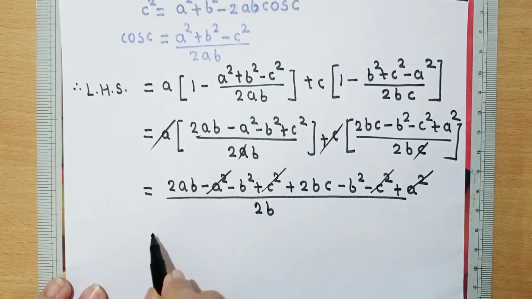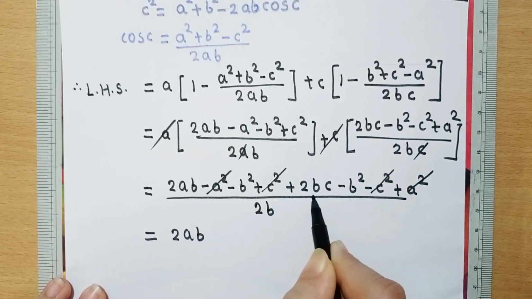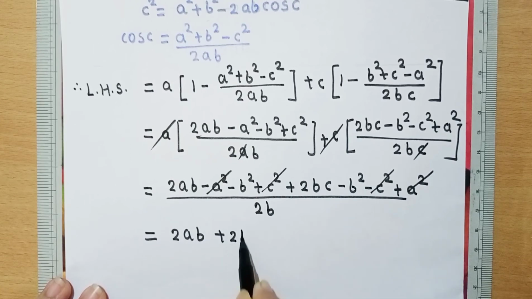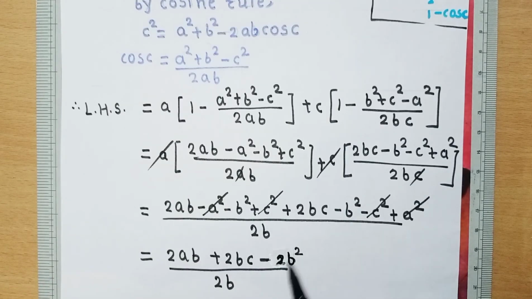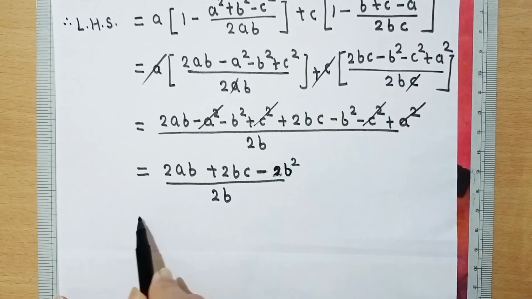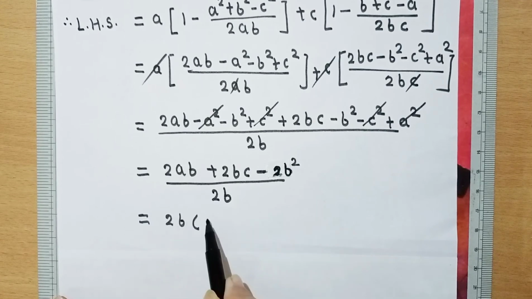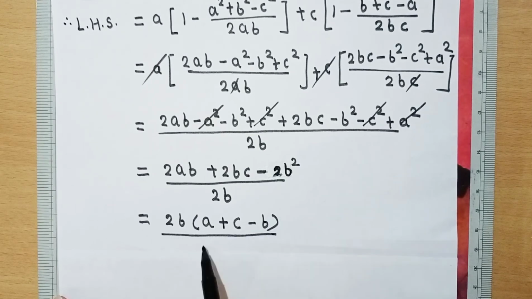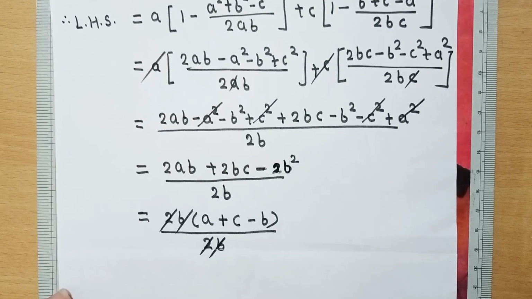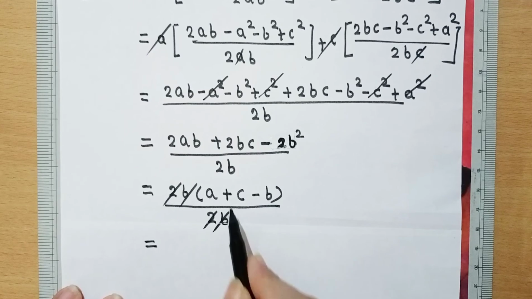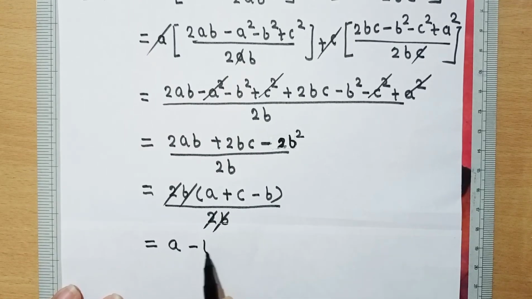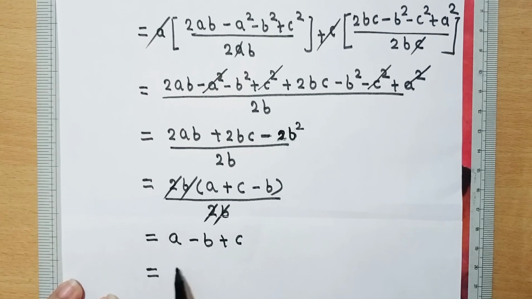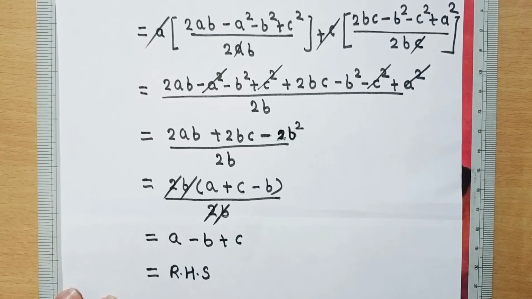Now what is remaining, twice AB, then plus twice BC, and minus B square minus B square, minus twice B square upon twice B. From these three terms take 2B common, so we have here A, then here C, and here B remains upon twice B, then this twice B upside downside gets cancelled, and so the final answer is A minus B plus C, which is nothing but RHS of the given statement. And hence we have proved LHS equal to RHS.